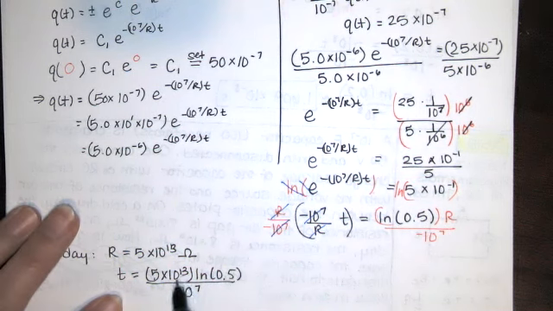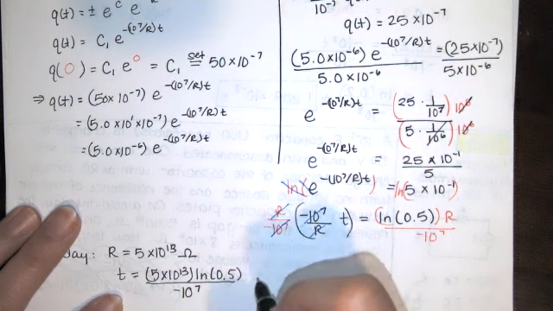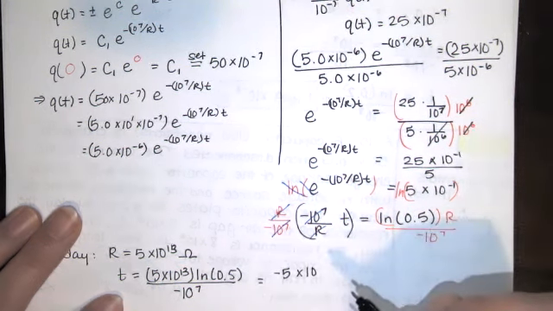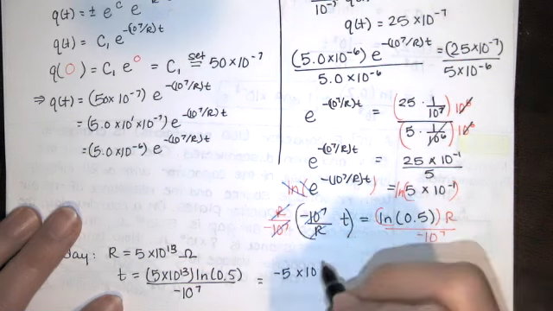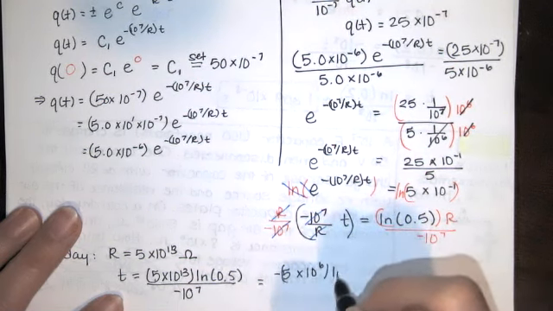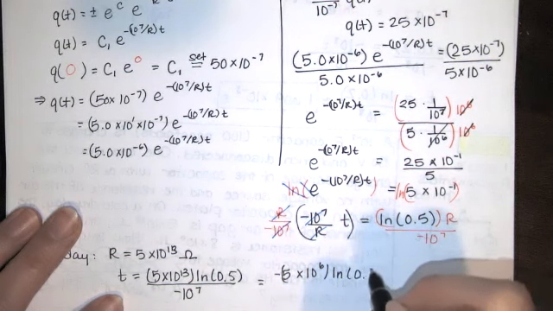And of course, you've got 10 to the 13th over 10 to the 7th, so you can just subtract those exponents. So this is going to be negative 5 times 10 to the 13 minus 7, which is 6, times natural log of 0.5.